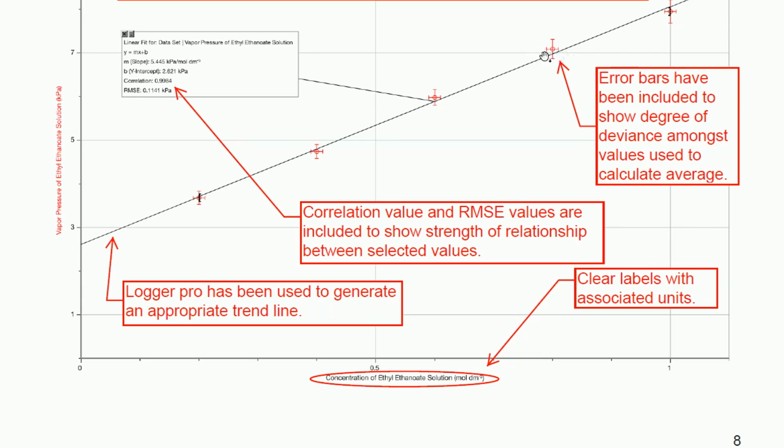However, when we look at a horizontal direction, the horizontal error bar is representing the error associated with the concentration of ethyl ethanoate solution. By including this, we can see more of how much those average data points that are represented by this 1 here varied both in the vertical and horizontal directions, which can give us a bit more insight about what is not shown in the graph.